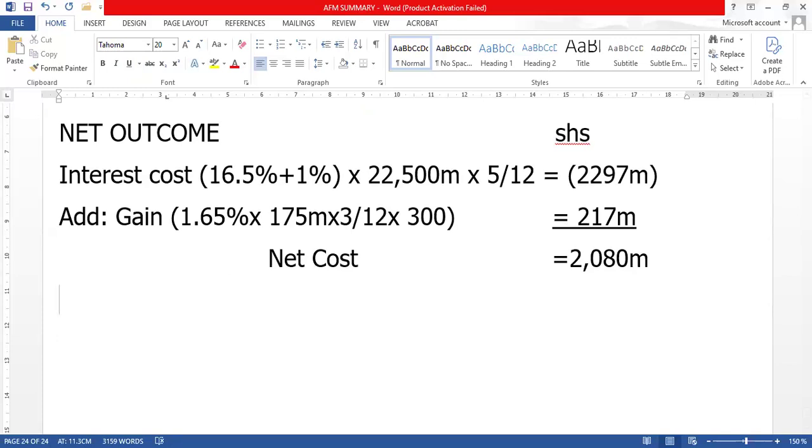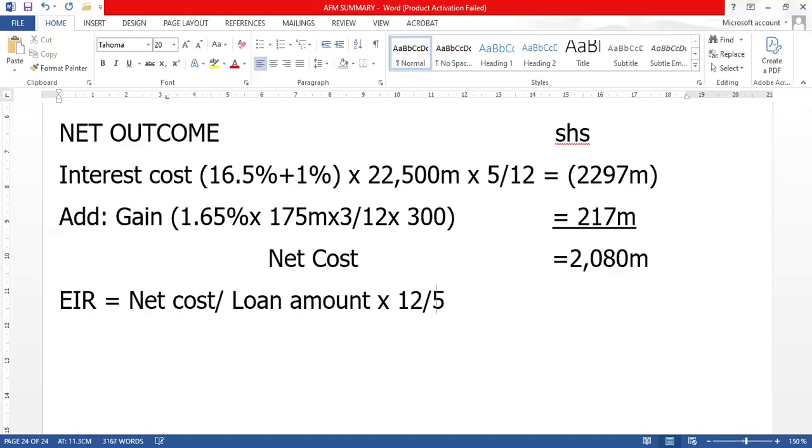Once you get the net cost using this approach, you go ahead and get the effective interest rate. The effective interest rate will be the net cost over the loan amount, times the reciprocal, that is 12 out of 7, not 12 out of 5.